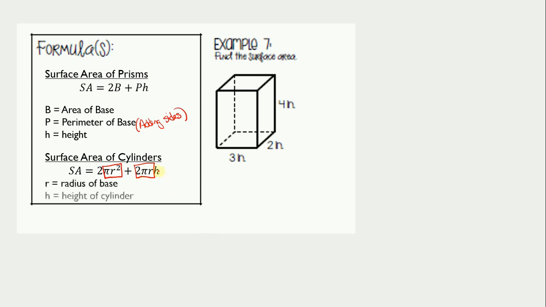So that's actually kind of neat. You only need to really memorize 2B plus PH, and you'll be able to learn and remember the surface area of prisms and cylinders.